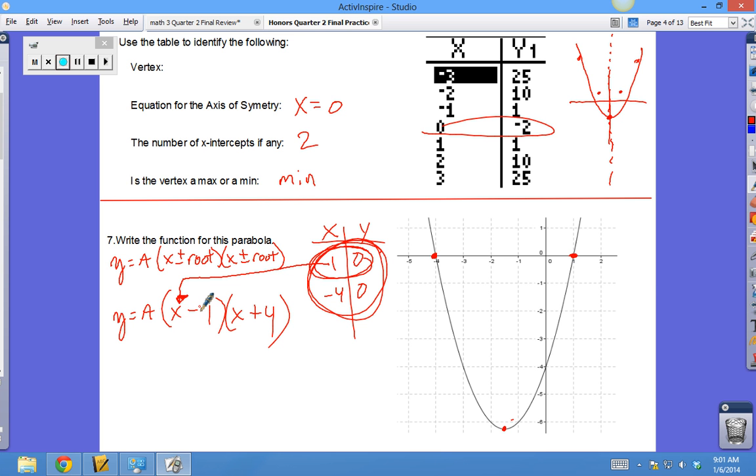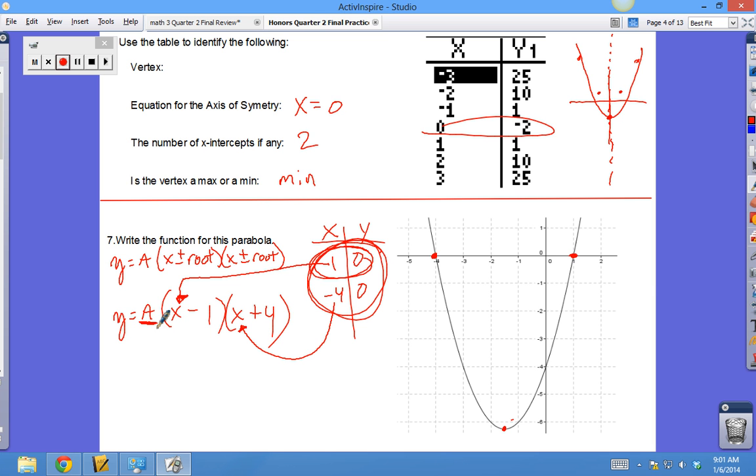There's my 0. And if I take negative 4 and I plug it in, it's got to be a negative 4 plus 4. That's how I get my 0. So your roots are kind of actually opposites in the table to the equation. They're opposite. Okay, now the only thing you got to find is a.